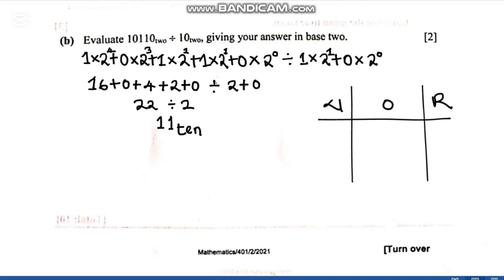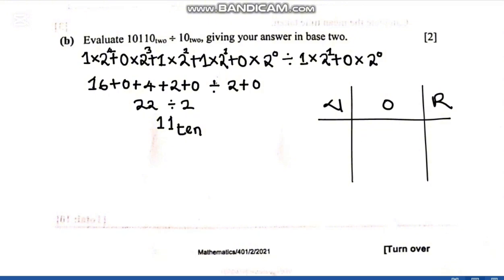The first column has n representing number, O representing operation, R representing remainder. We will do division and take note of the remainders we get as we divide the numbers.